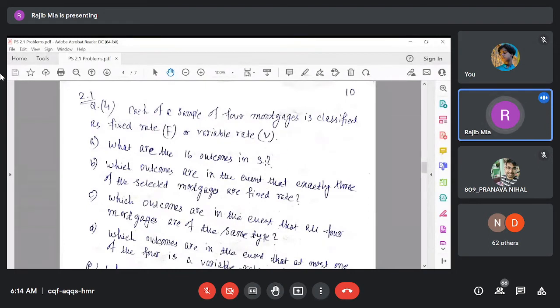Each of a sample of 4 mortgages is classified as fixed rate or variable rate. So total number of mortgages here is 4, and each can be fixed rate F or variable rate V. Then what are the 16 outcomes in the sample space S? Then you have to find the remaining probabilities in part B, part C and part D.